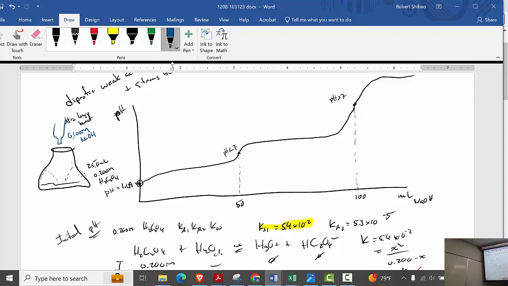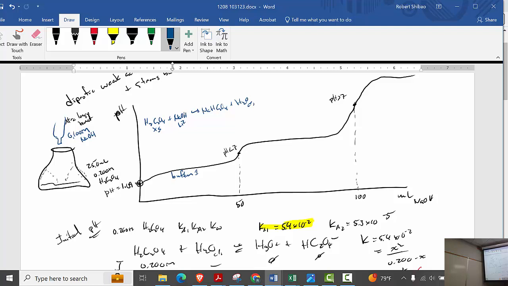Now, this first part here we call buffer 1. The reason we call it buffer 1 is because that's what the titration makes. So if we start off with oxalic acid, H2C2O4 plus sodium hydroxide, and here we don't have enough sodium hydroxide. And so we have a situation where we have excess acid and the sodium hydroxide is the limiting reagent. We haven't neutralized. And so this is going to form sodium hydrogen oxalate and water.